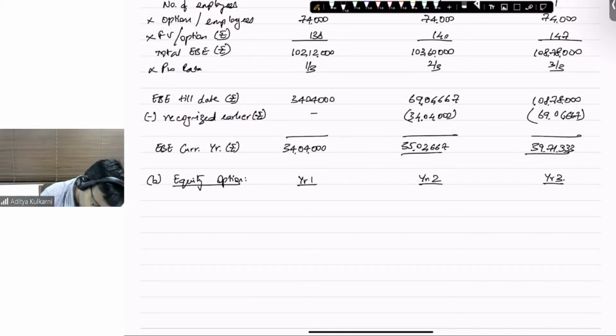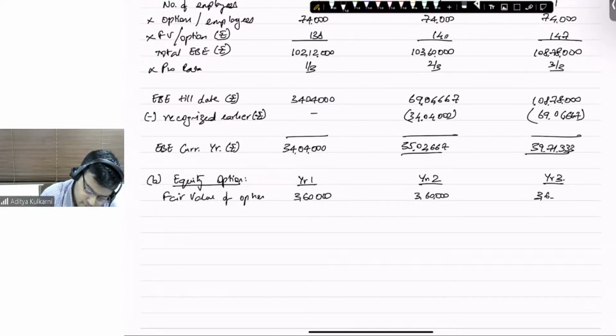So fair value of option 3,60,000 into prorata 1/3, 2/3, 3/3.